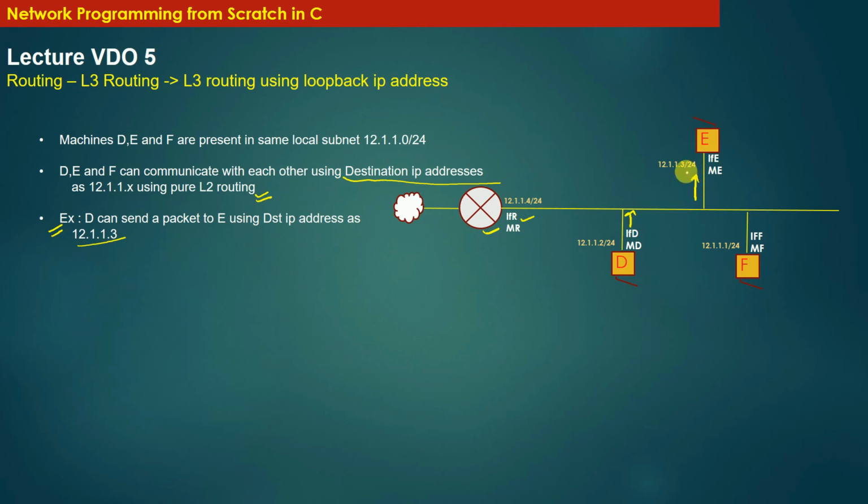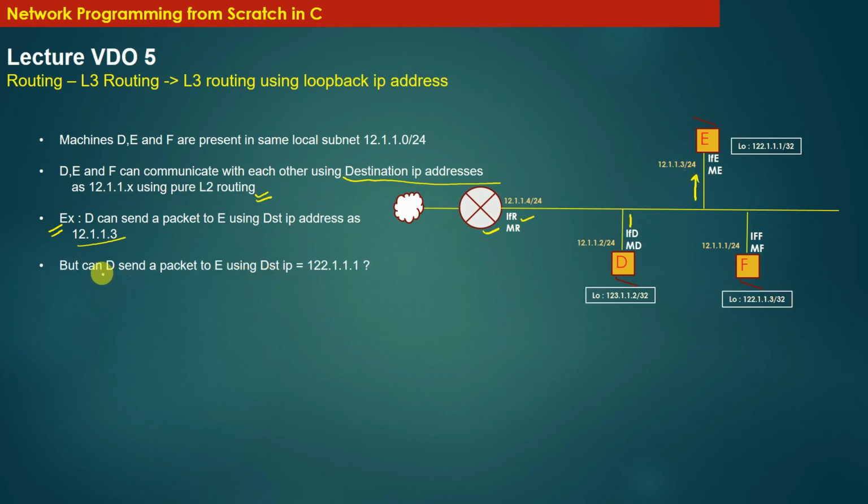But now let us change the scenario a little bit. Let us try to understand whether machine D can send a packet to machine E using destination IP address 122.1.1.1, where this IP address is actually the loopback IP address of machine E. So let's see how. When machine D tries to send a packet to the destination IP address 122.1.1.1, machine D would know that this destination IP address does not fall in any of its local subnets.